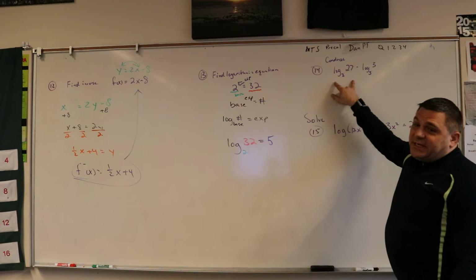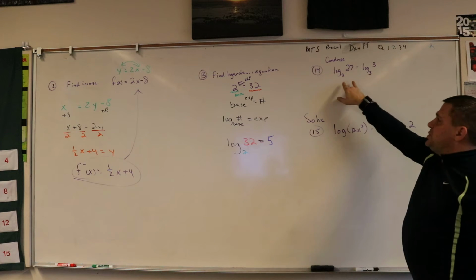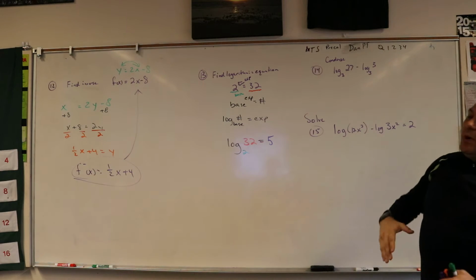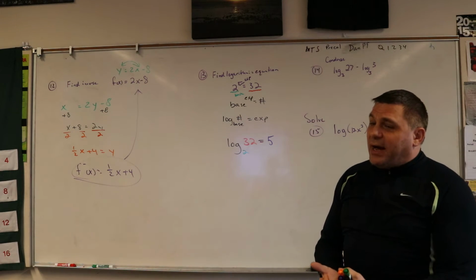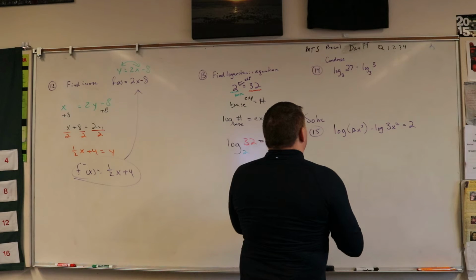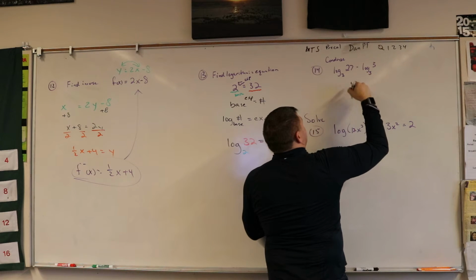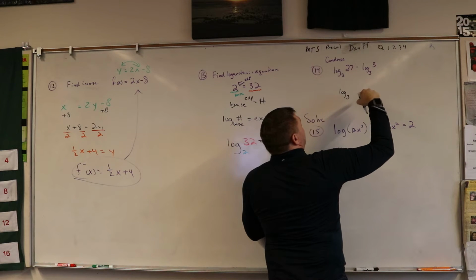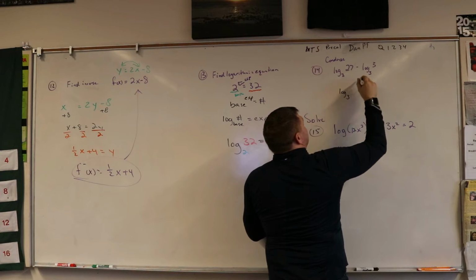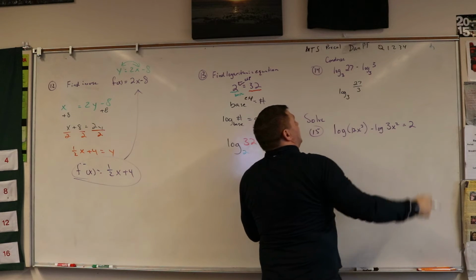But a logarithm is an exponent. So when we're subtracting exponents, what we're really doing is dividing the power. So it makes it really quite simple. Subtraction is division, so I got log base 3 of 27 divided by 3.